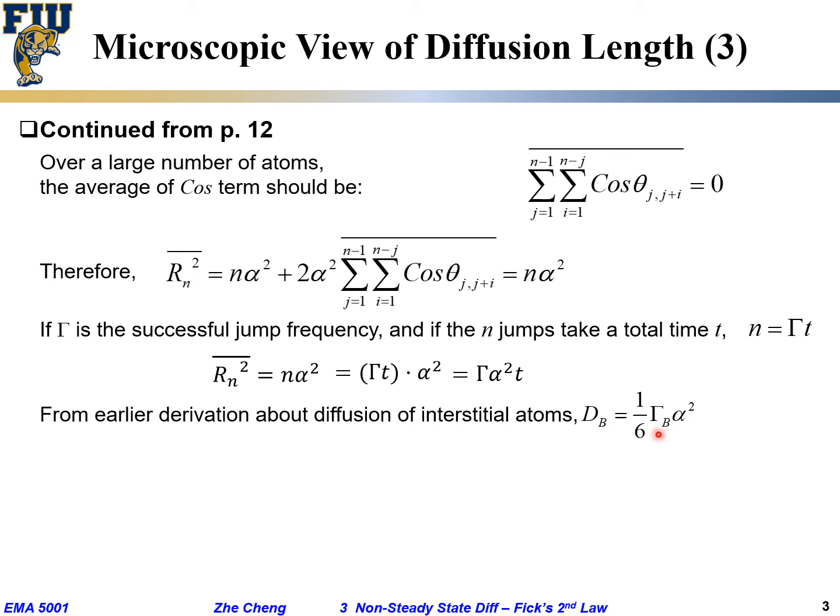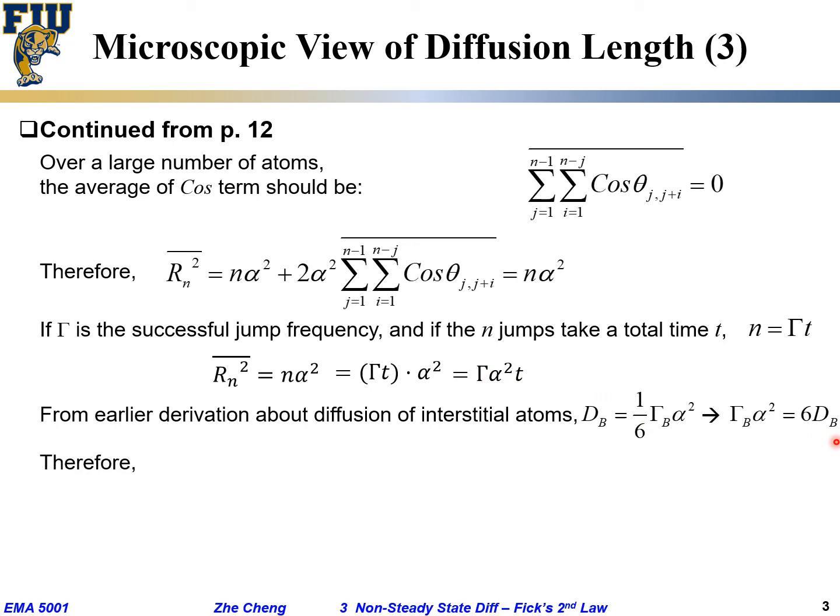The diffusion coefficient is these two. Where does the 1/6 come from? The direction, right? As a result, how are you going to rewrite this gamma times alpha squared? It equals 6 times D. This gamma times alpha squared is just 6 times the diffusion coefficient.